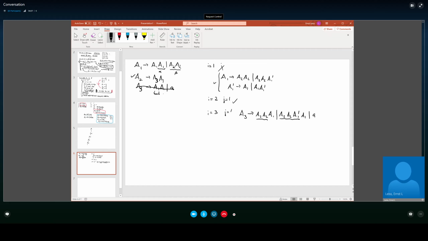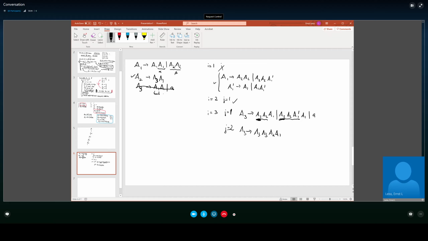Then we have j is equal to 2, and yes, we have the A2 here and here. So there are two cases where we have to substitute the A2 for the A2, the A3, A3. So we have A3 goes to A3, A3, A2, A1. So we're replacing this A2 by the A2, A3, A3.